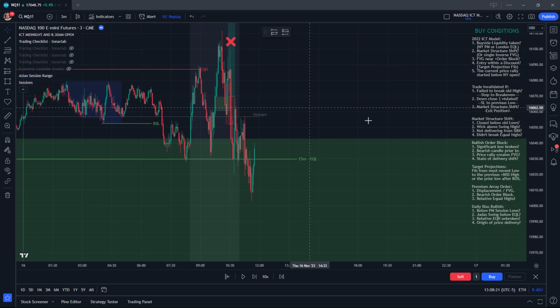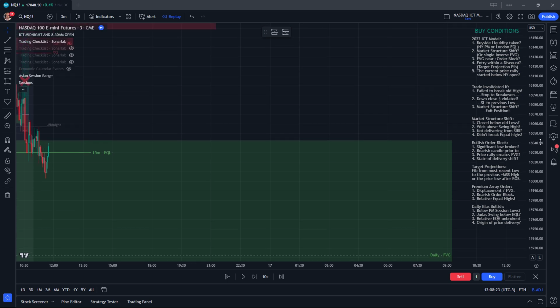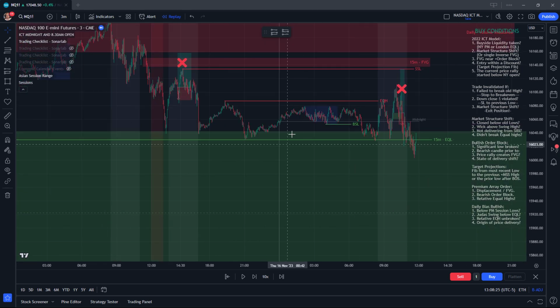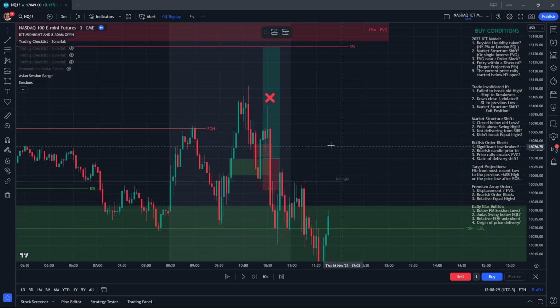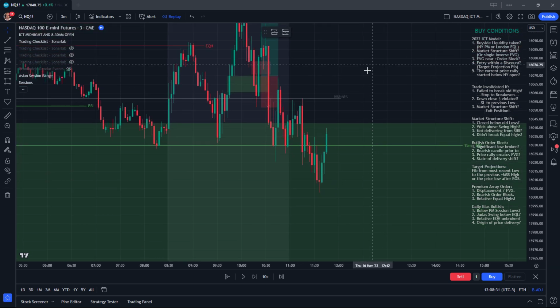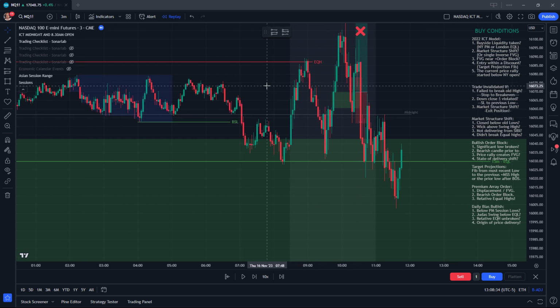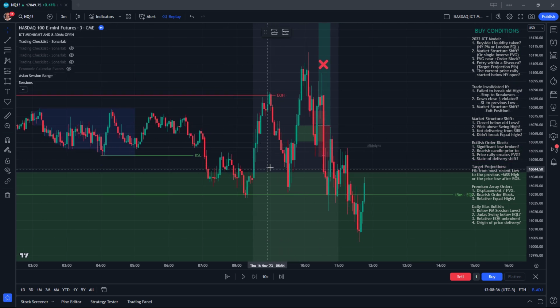Without this daily fair value gap here and everything, we wouldn't really have any sort of narrative. We're still anticipating price to go higher. It's just that we talked ourselves out of this one here, which would have been a nice trade, and then were wrong about the entry here.